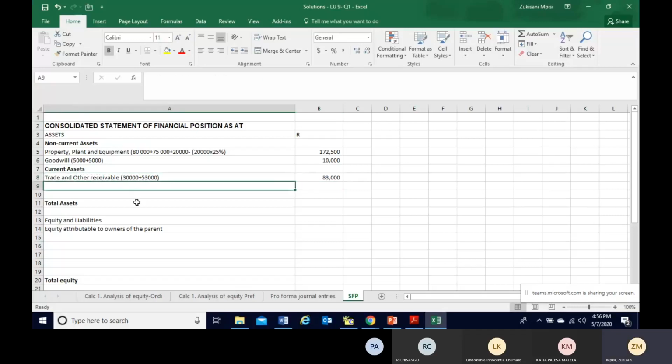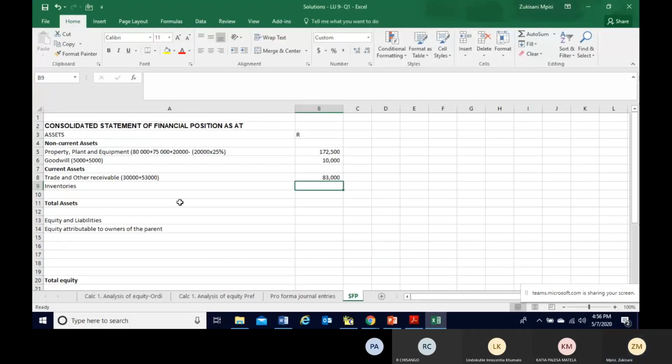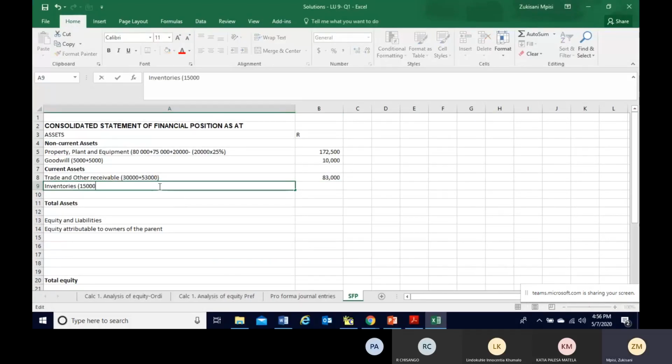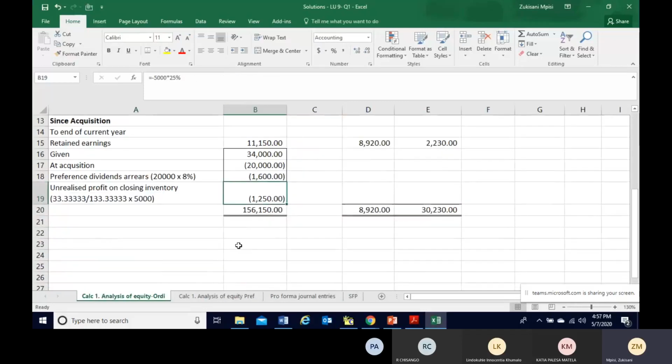And then we've got inventories. Inventories is 15,000 plus 19,000 minus. Remember, we've made some money out of here, which is unrealized profit of how much? 1,250.